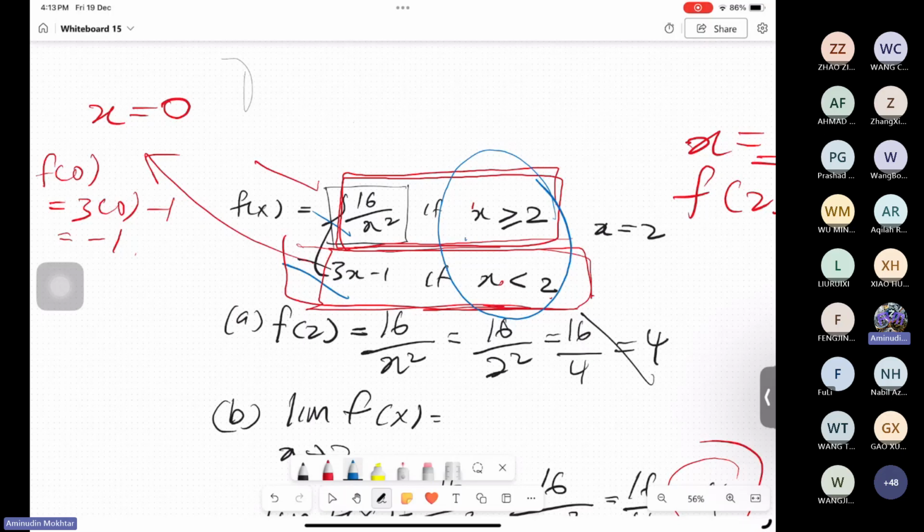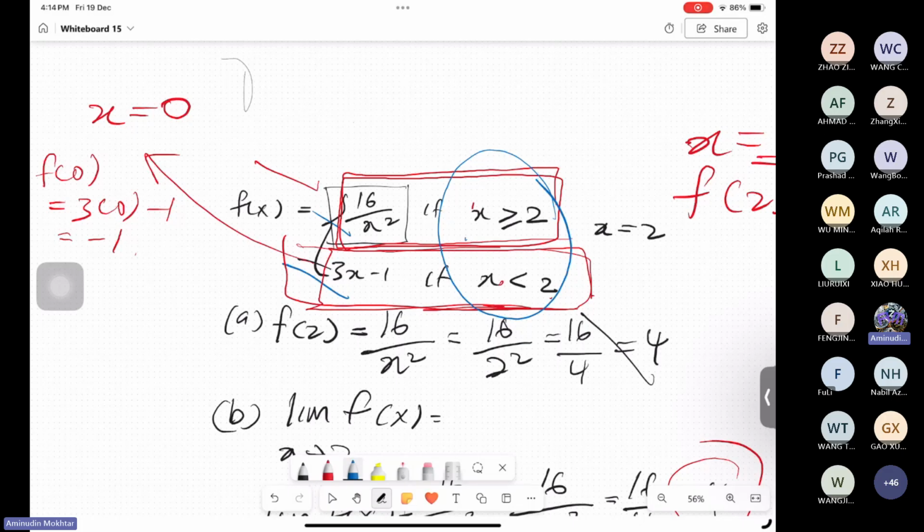The next one is to choose which part, which equation is valid for the function, by comparing the value of x with the range, whether x is less than 2 or greater than or equal to 2.